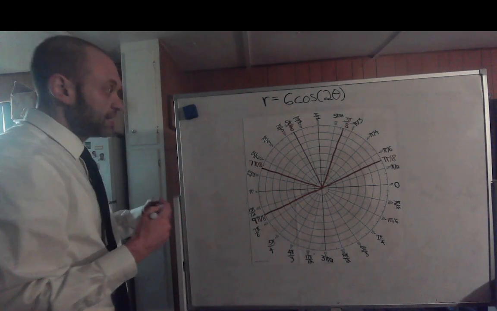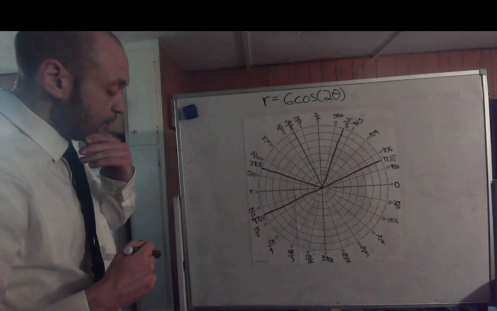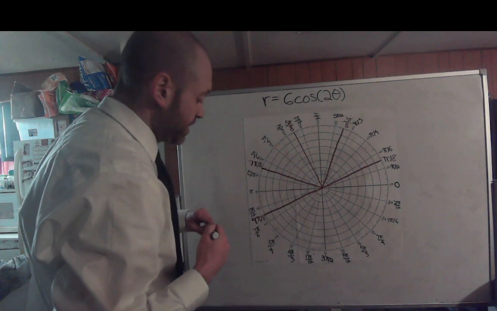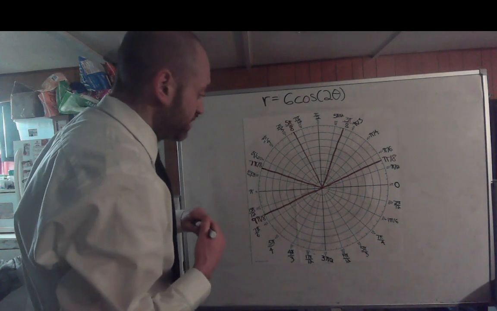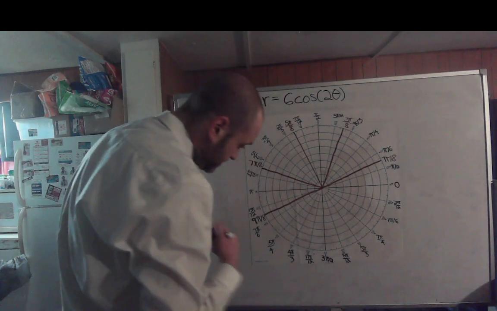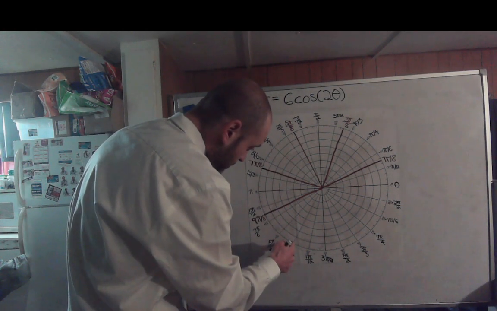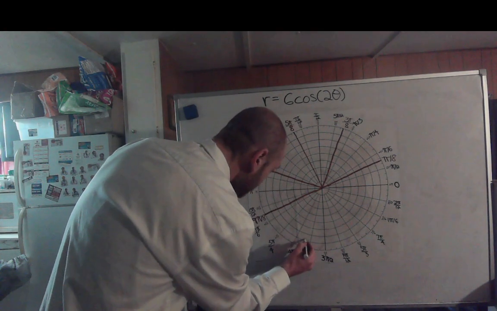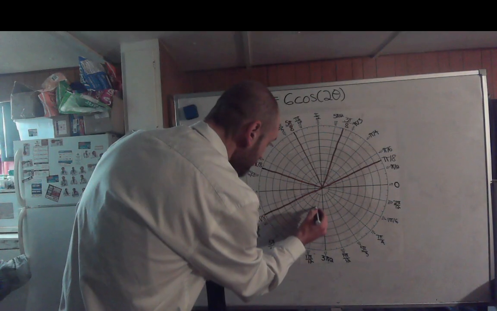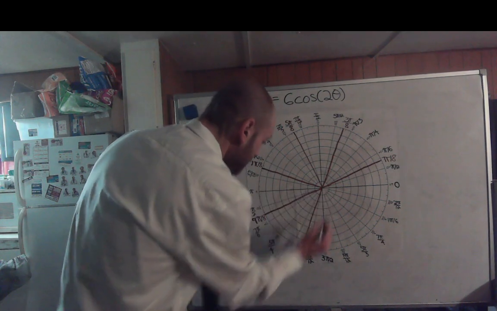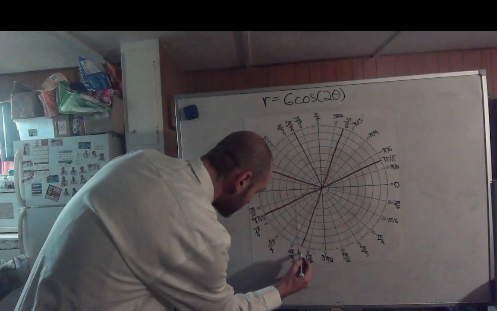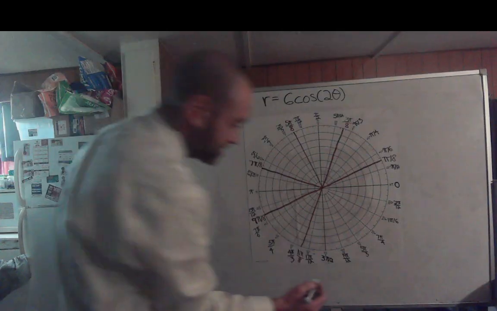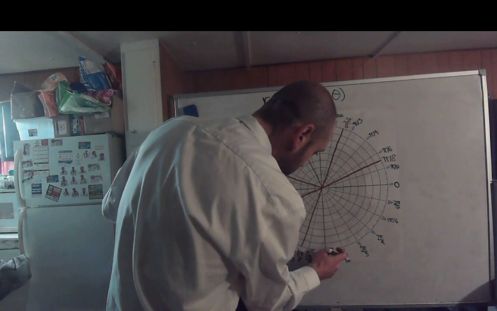So that means next I need another pi over 8. So that would be 11 pi over 8. So here's going to be 11 pi over 8. Then I need to get a 13 pi over 8.